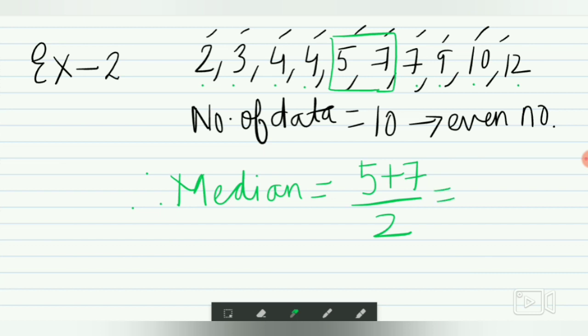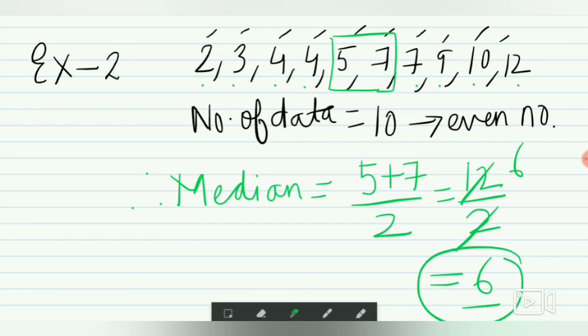So what will come? 12 divided by 2, which is 6. So 6 is your answer. So median comes to you as 6. 5 plus 7 is 12, and we divide by 2. So 2 sixes are 12. This way you can solve easily.